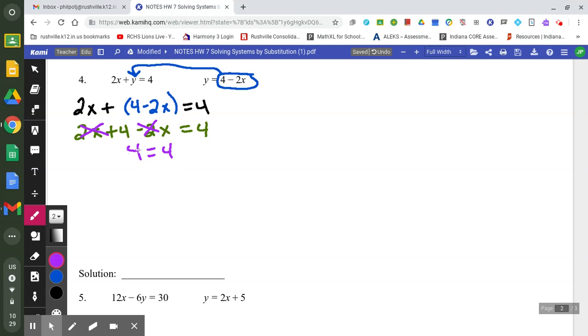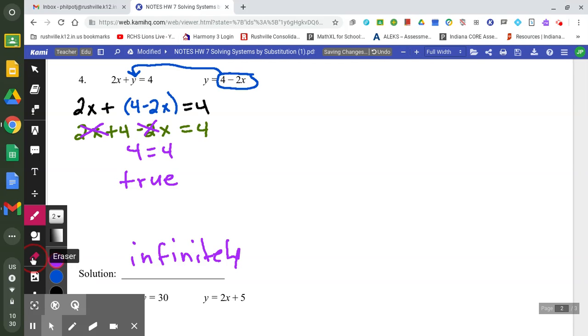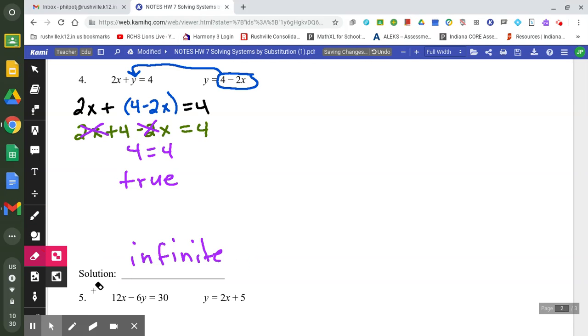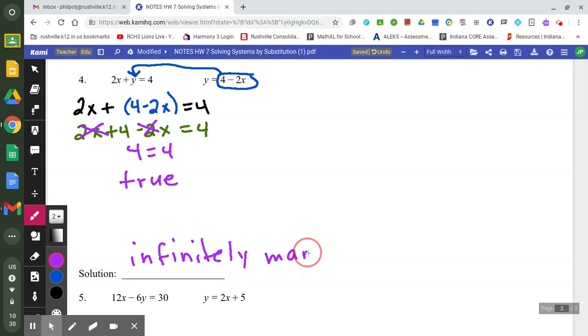And when the letters drop out and we have a true statement, that means that there are infinitely many solutions. And there is no other work to show.